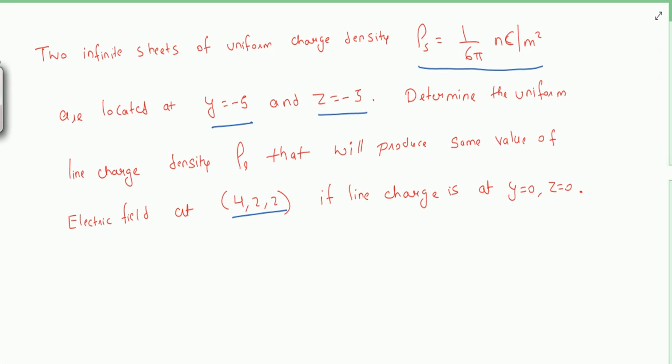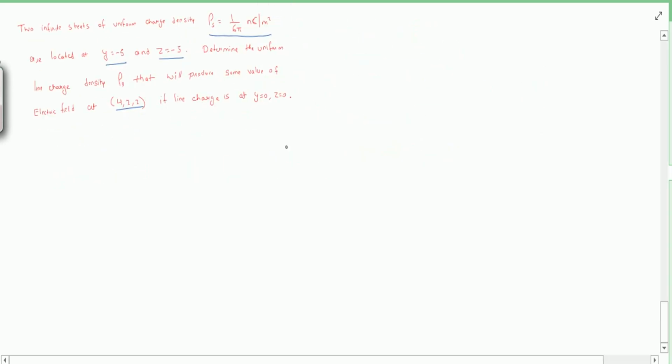So you have to find the line charge which will produce the same electric field as the surface charges are producing. If you see, the surface charges are present in the xyz coordinate system. So here it is the x-axis, it is the y-axis, and here it is the z-axis.